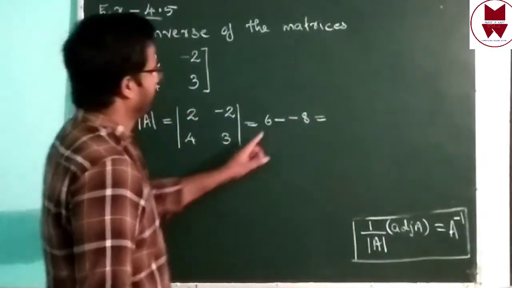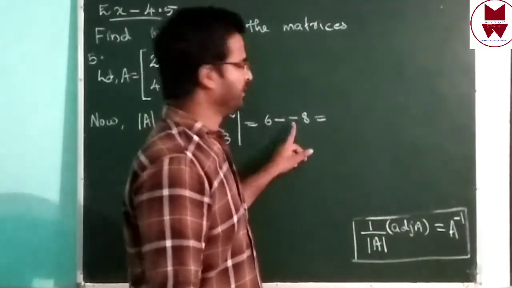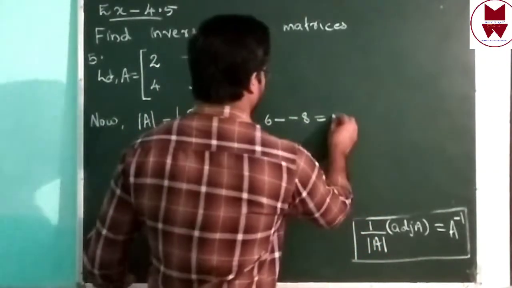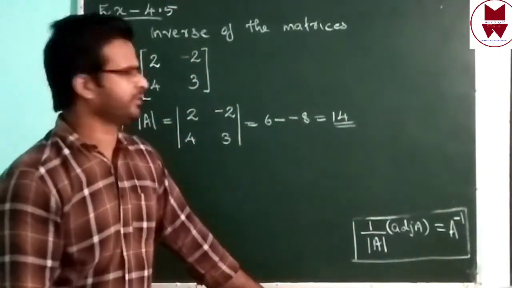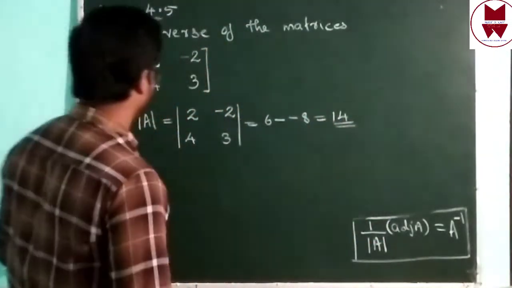So 6 minus minus 8, plus 6 plus 8, that is 14. Now we got the determinant of A is 14.